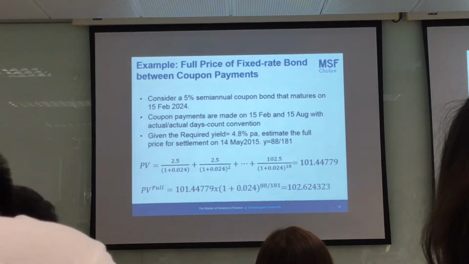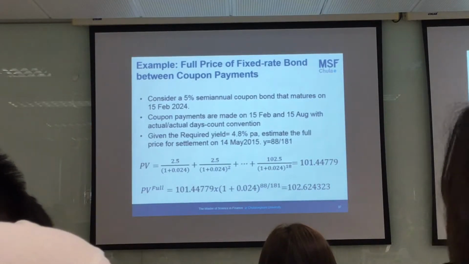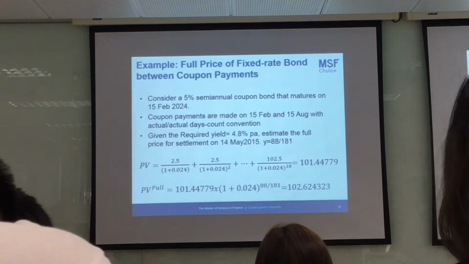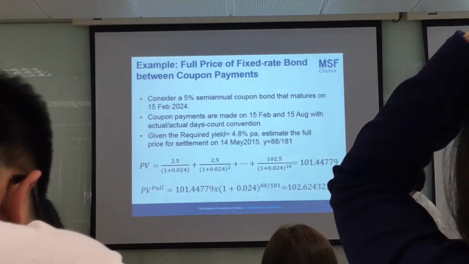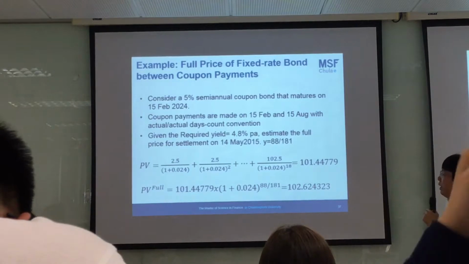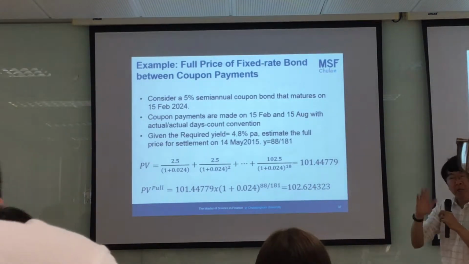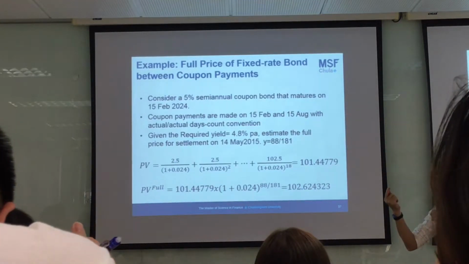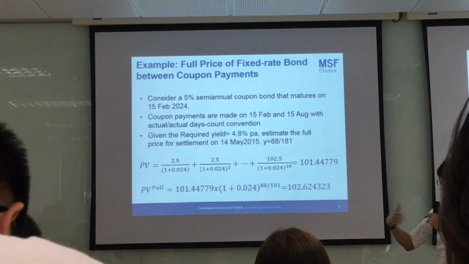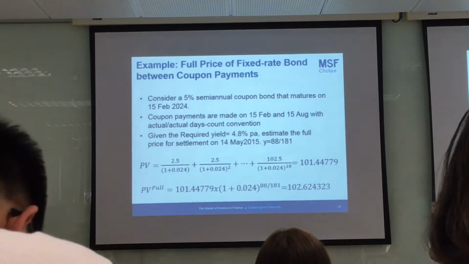And the bond will mature on 15 February 2024. The settlement date is on 14 May 2015. You may submit the quoted price maybe 2 or 3 days before that, but this is the day that will be effective, or when you transfer the money and the bond to the buyer.